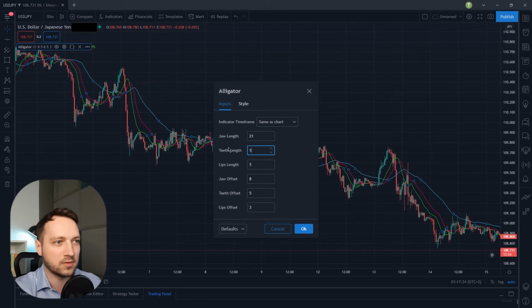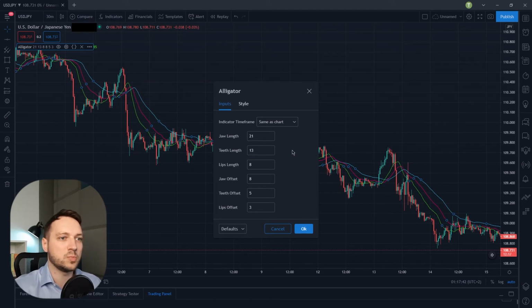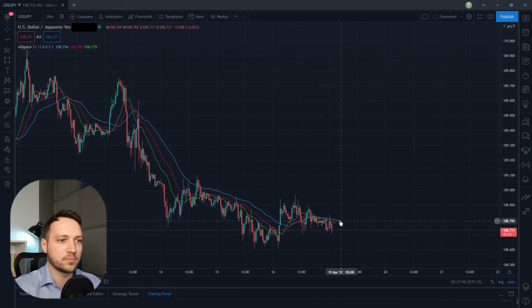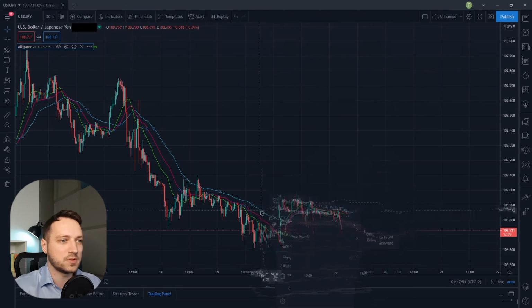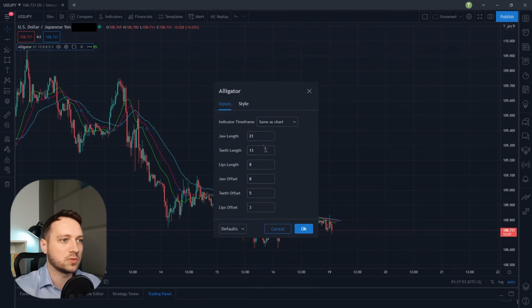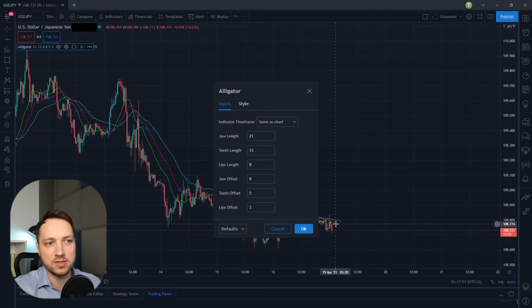Then we have the teeth, 13 moving average, the middle one, and the lips should be an 8 period moving average. We also need to change the offset of this indicator, because it would help us to analyze the historical data, because as you can see, they are moved a little bit forward of the chart.